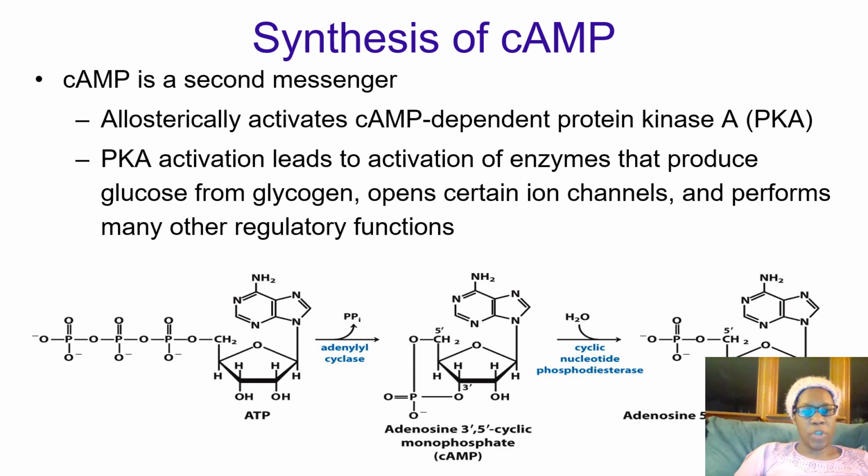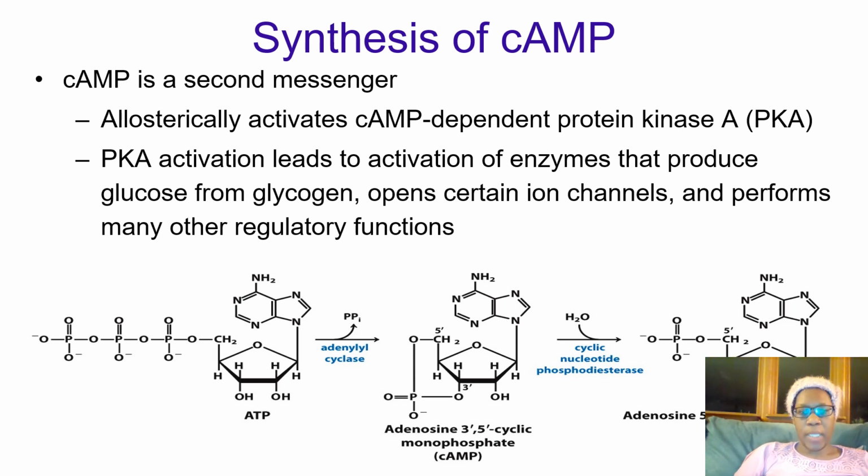So here we have the structure of ATP, which you should be familiar with and you should memorize. We have our adenine, we have our ribose sugar, and 3 phosphate groups. So this is ATP. We see that when adenylyl cyclase gets activated, it catalyzes the conversion of ATP to cAMP.